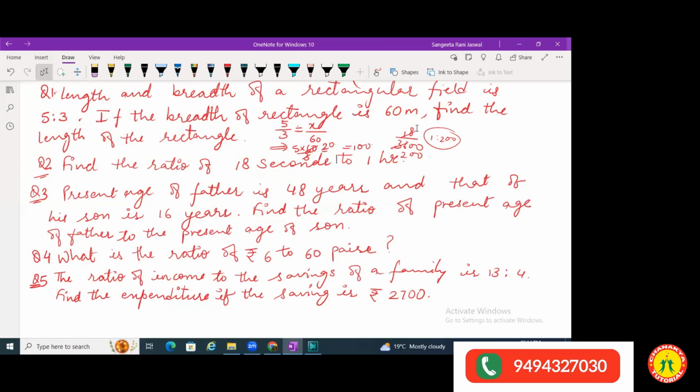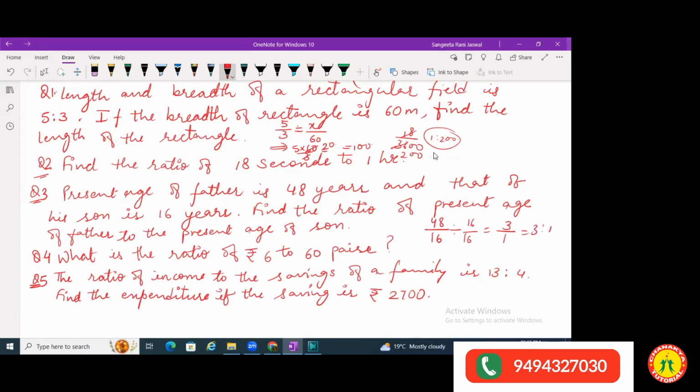Ma'am, I sent you third one. Third one, check again. Father's age to son's age, this is the ratio. We divide this by 16. Both can go with the table of 16. So you get 1 and 3.